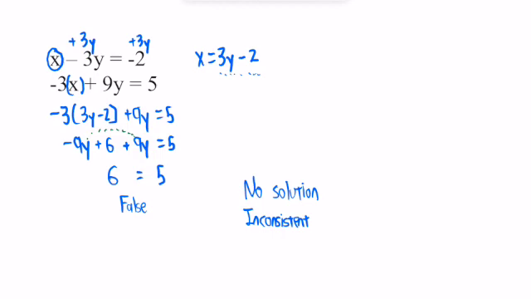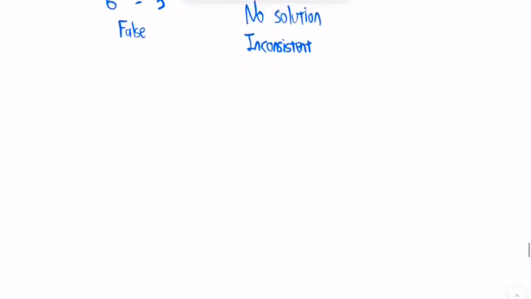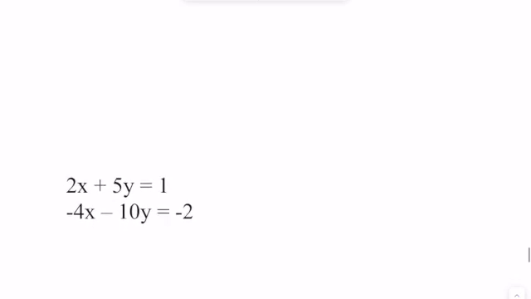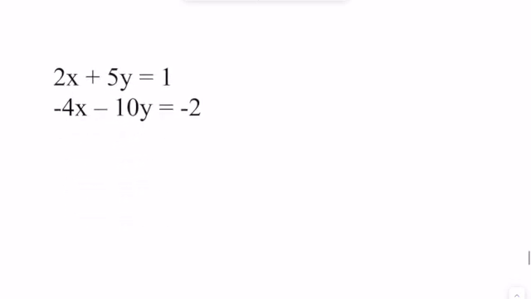Let's take a look at another situation that sometimes comes up in our next example. Here we have 2x plus 5y equals 1, negative 4x minus 10y equals negative 2. And suppose we decide that we're going to solve this using the elimination method by focusing on the x's.